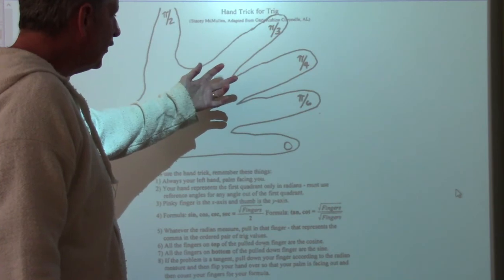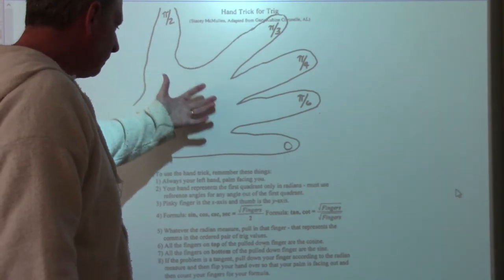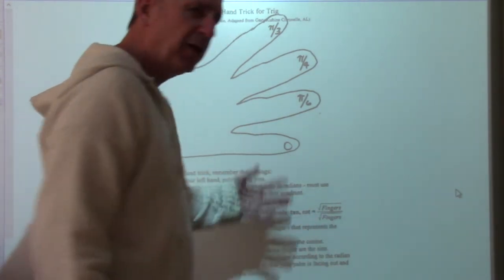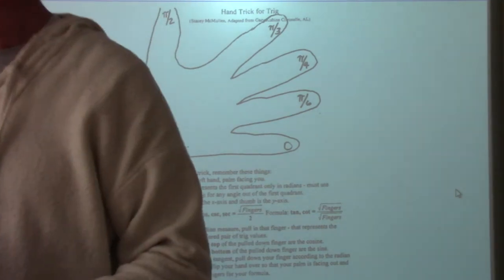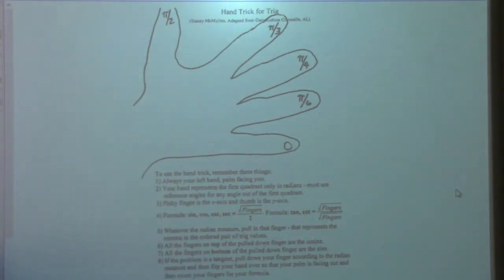Cosine is square root of fingers above over 2. Your tangent is going to be square root of fingers over square root of fingers. We have it right here on our unit circle mug. Did we use this before? I thought we used it.